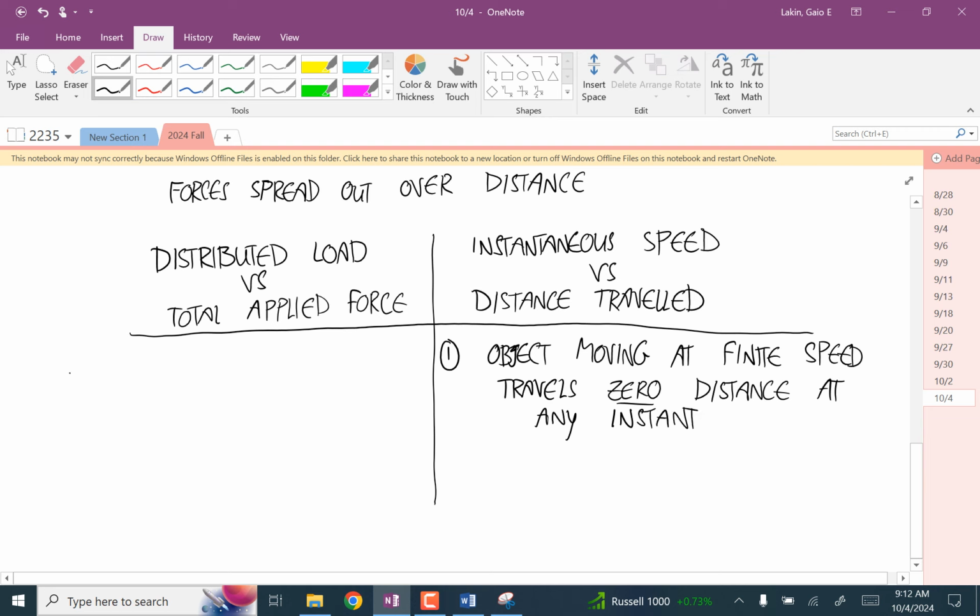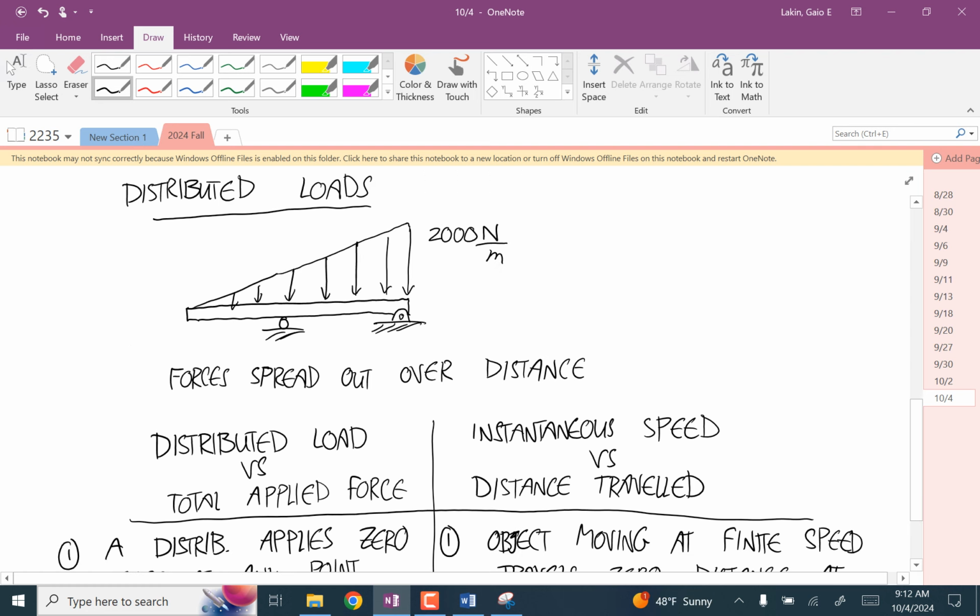In the same way, a distributed load applies zero force at any point. Okay, so like in this picture up here, like this distributed load, what's the total force that it's applying to this beam right here? Nothing.